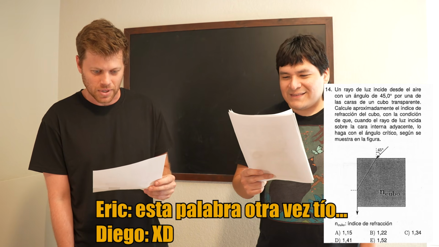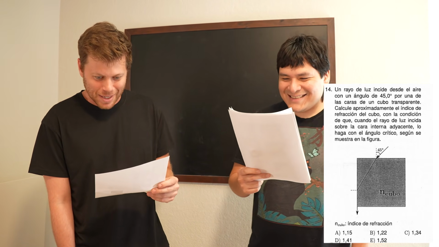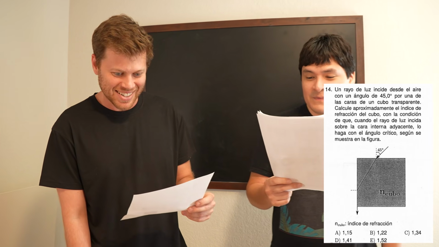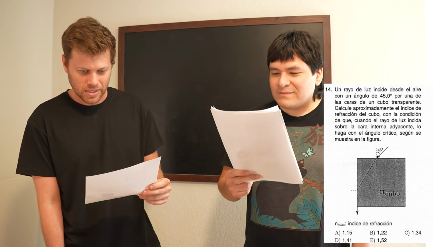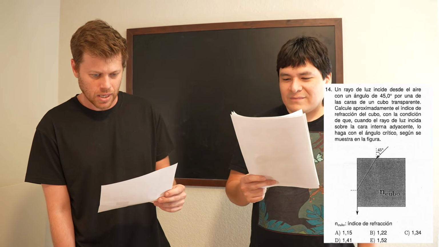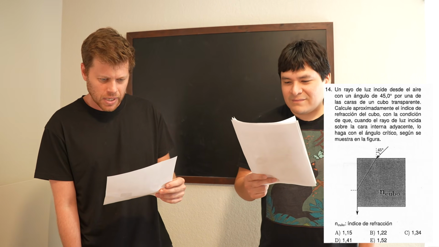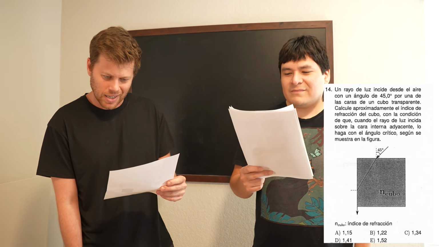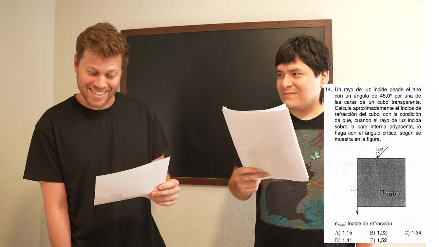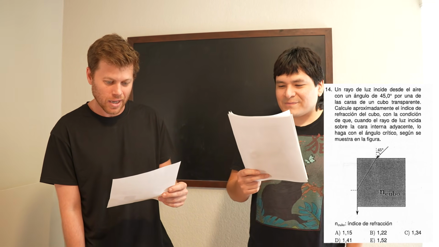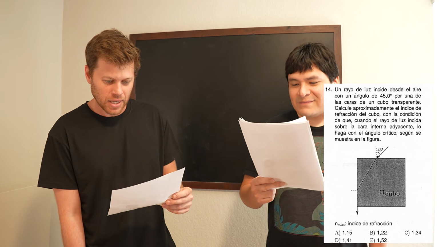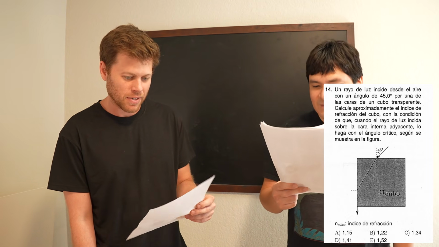Calcule aproximadamente el índice de refracción del cubo con la condición de que cuando el rayo de luz incida sobre la cara interna adyacente, lo haga con el ángulo crítico según se muestra en la figura.